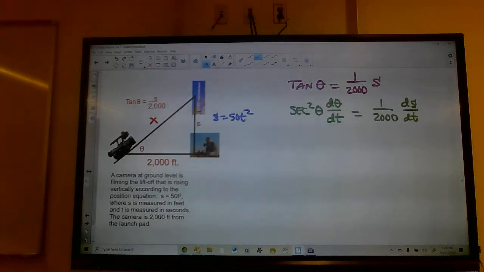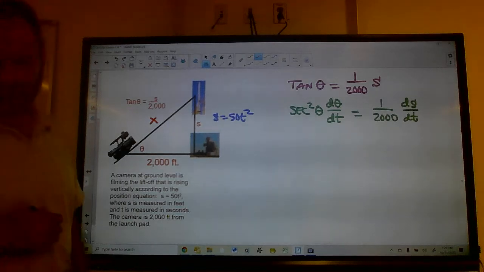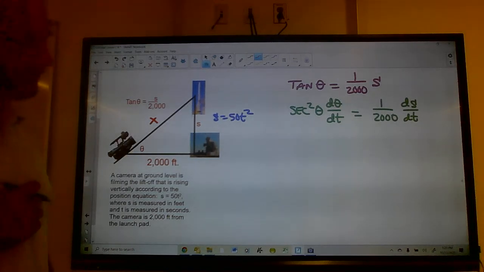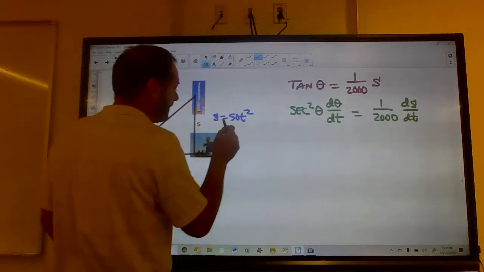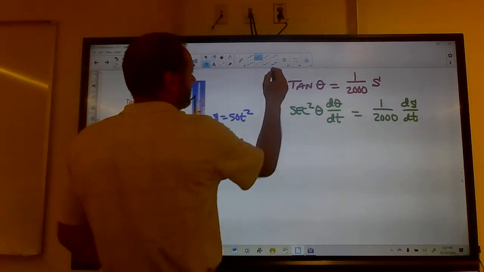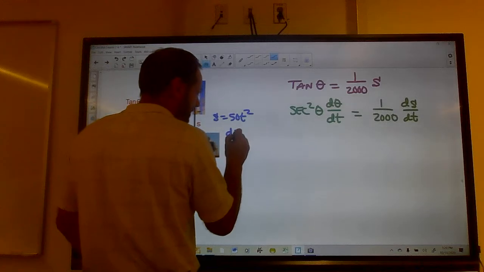Okay. Now, what do I know here? Well, let's see. I know that ds dt, I can figure out that too. I have s here, so I can figure out ds dt.